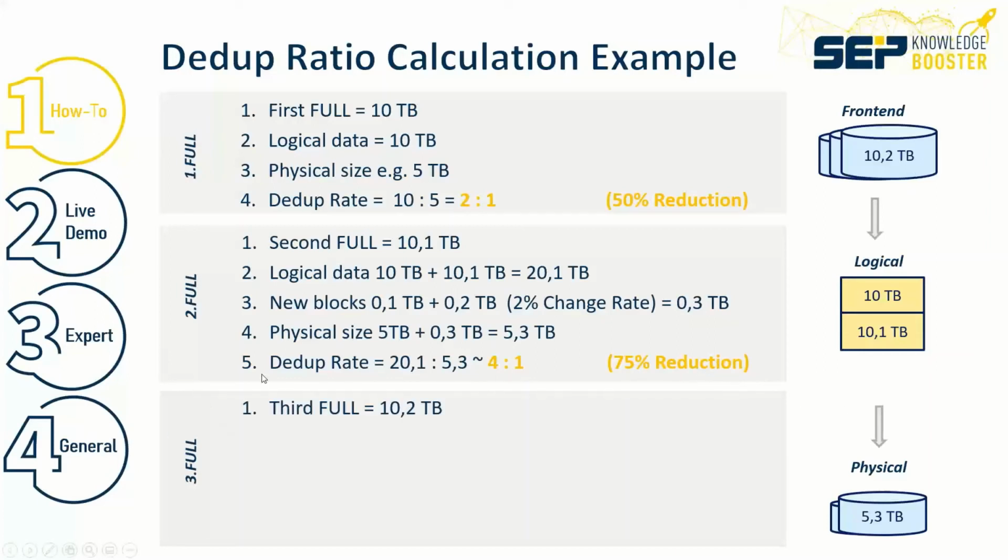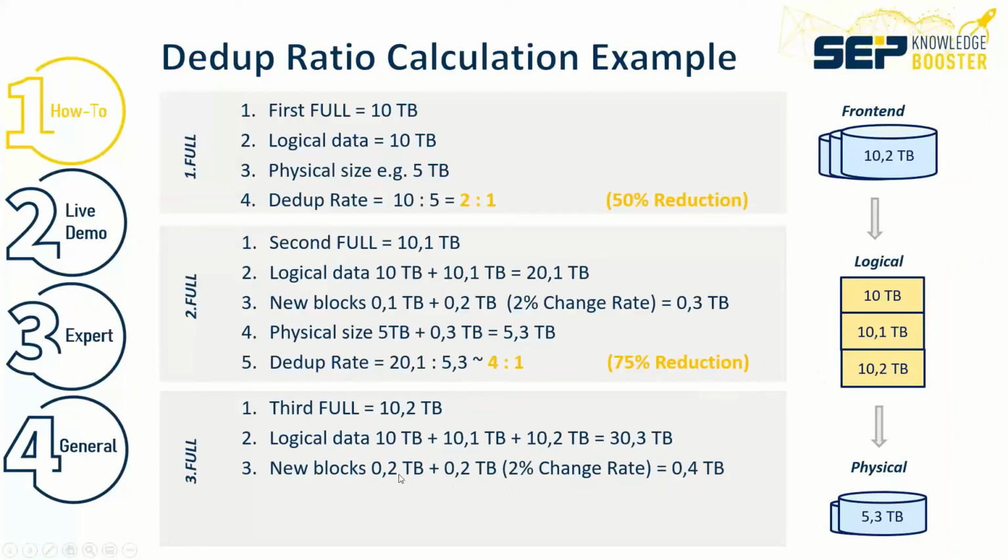And if you do the third full, it's now 10.2 terabyte maybe. The logical data is just adding the 10.2. Now you have 30.3 terabyte of logical data. That's the storage you would need in a native data store. And the new blocks are now the 0.2 plus 0.2 for the 2% change rate, so it's 400 gig over here.